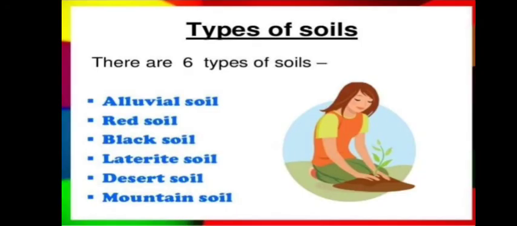So we studied about different types of soil. We came to know that there are 6 types of soil: alluvial soil, red soil, black soil, laterite soil, desert soil, also called arid soil, and mountain soil, that is called forest soil.